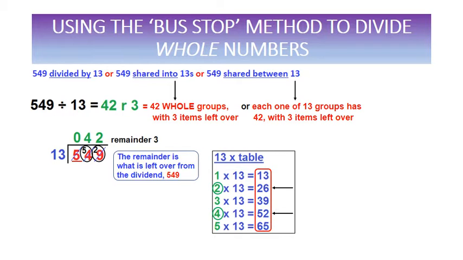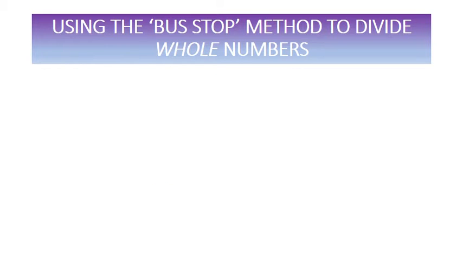So there's absolutely no difference in the method between calculations that have 2-digit or single-digit divisors. The method is identical.